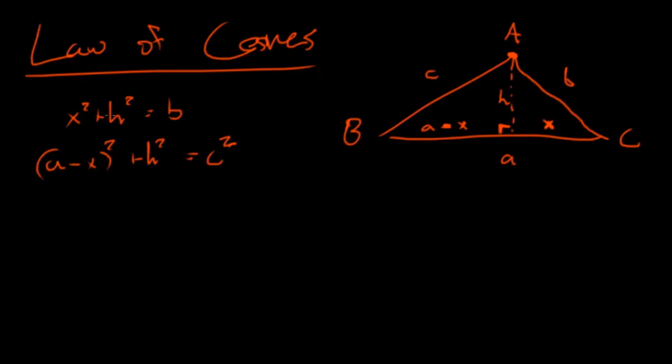So we have these two things. If we can somehow solve this system of equations by eliminating x and h, we will have an equation that has b's, a's, and c's. That'd be cool. So let's play around with this. I'm going to expand this bottom equation. We get a squared minus 2ax plus x squared plus h squared equals c squared.